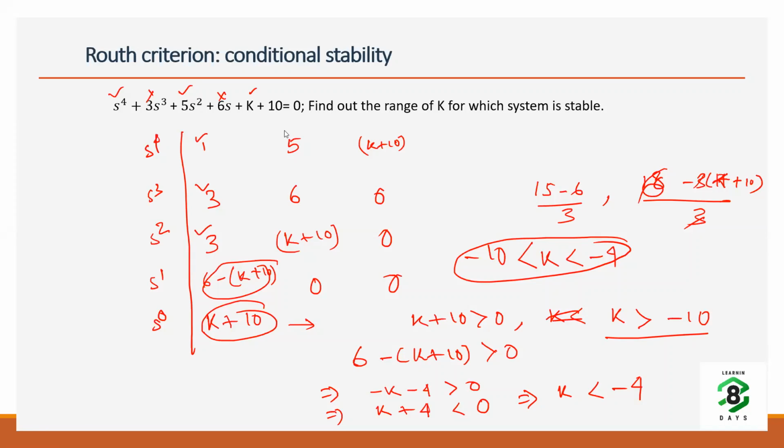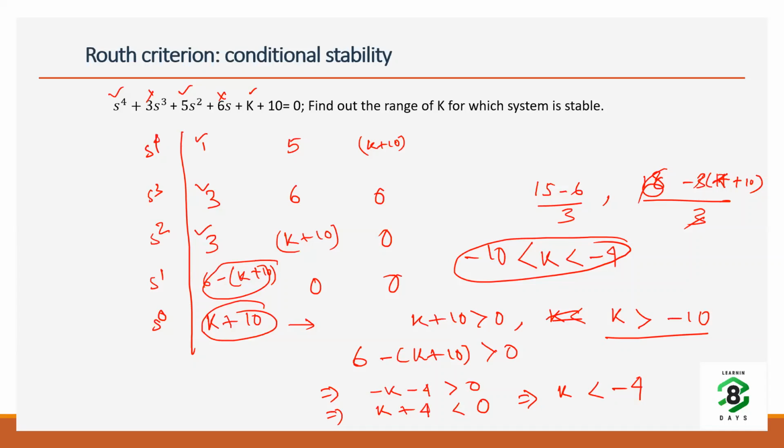And today, if you ask me, one of the most critical takeaways is identifying the coefficients. If there is any negative coefficient, then you know for sure that the system will be unstable with respect to the characteristic equation. The second key takeaway is that if any of the coefficients is missing, the system will still be unstable. The third takeaway is that if any of your poles is on the right half, the system will be unstable.